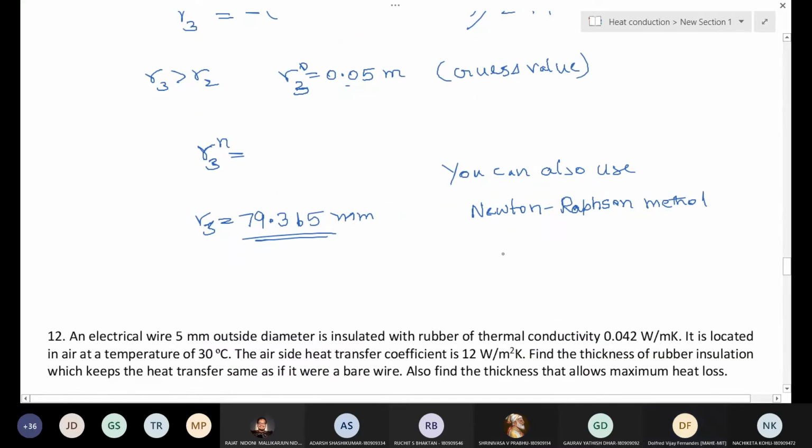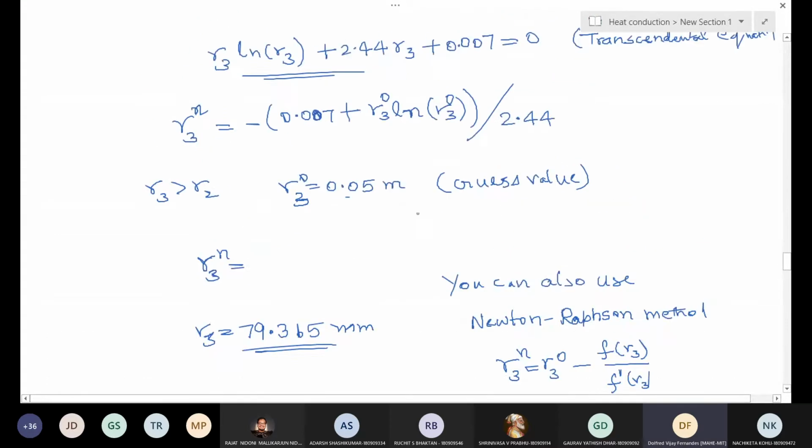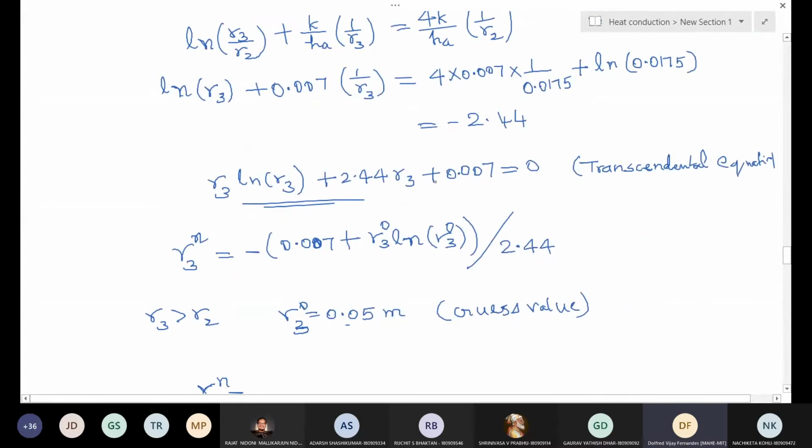R3 new equals R3 old minus f of R3 divided by f dash of R3. Because this is a transcendental equation which is a function of R3, you can write this as a function of R3.